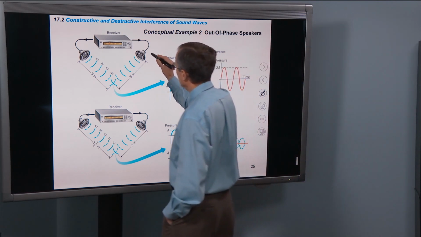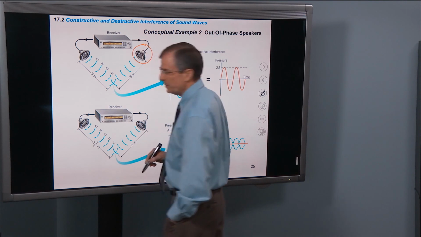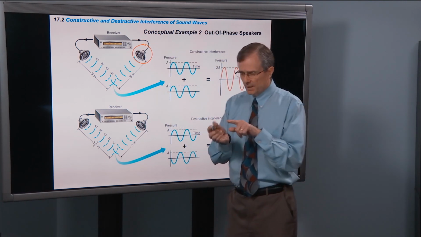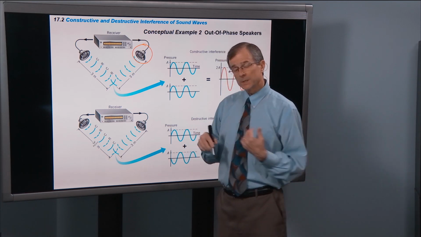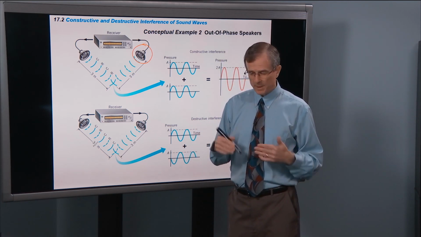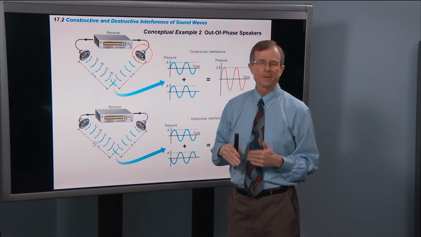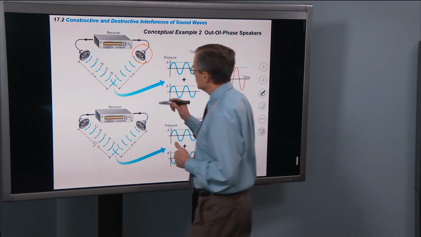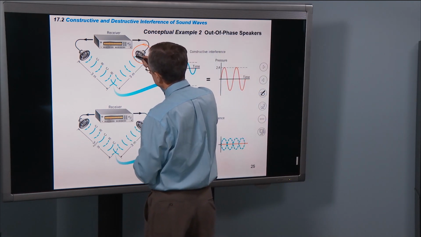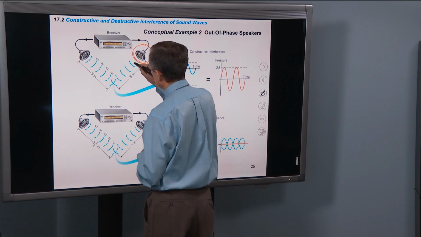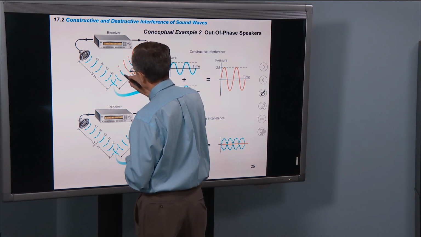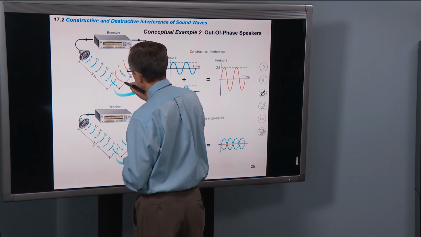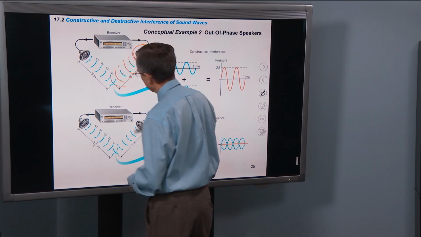If, for example, we connect up this speaker incorrectly, so we switch the positive with the negative, then what this speaker is going to do is, when it should have been coming out, it's coming in. And so instead of this trough, it generates a crest. A trough here, crest, trough, crest, and trough.